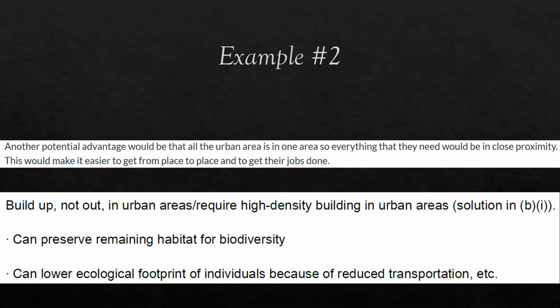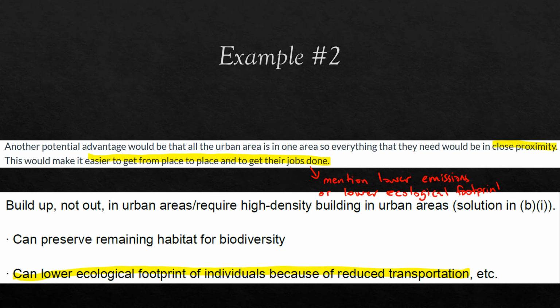The student did a good job in the sense that the student tried to convey the last point here, but used different words. Close proximity, easier to get from place to place, but the student did not mention lower emissions or lower ecological footprint.